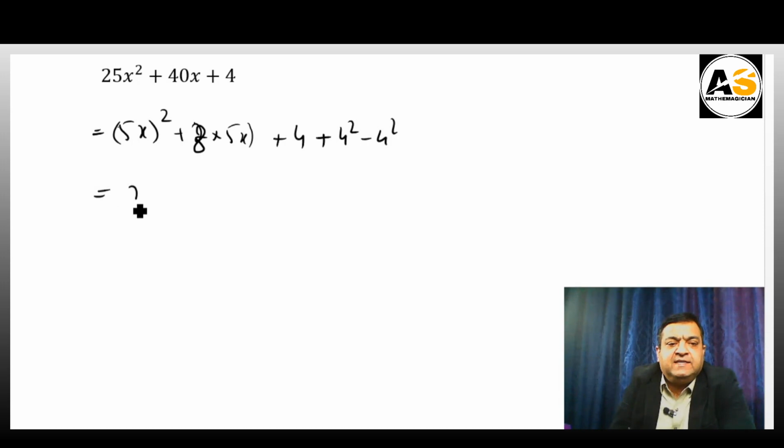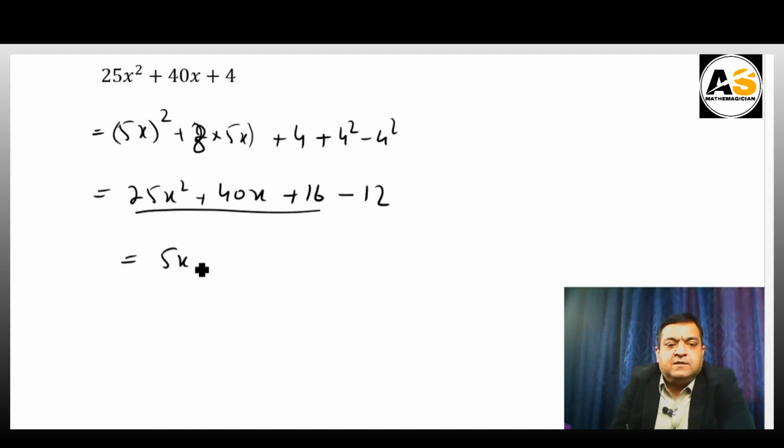I will rearrange this 25x square plus 40x plus 16 minus 12. This is 5x plus 4 whole square minus 12. So its minimum value will be at minus 4 over 5, and that will be minus 12.